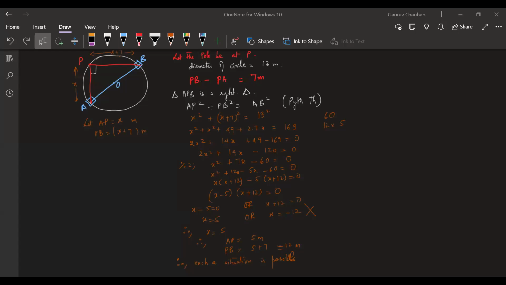If both roots were positive, you would write both situations. Suppose x equal to 5, what will come, and x equal to 12, what will come. If both roots are positive, you find PB in both cases and see if it still makes sense.